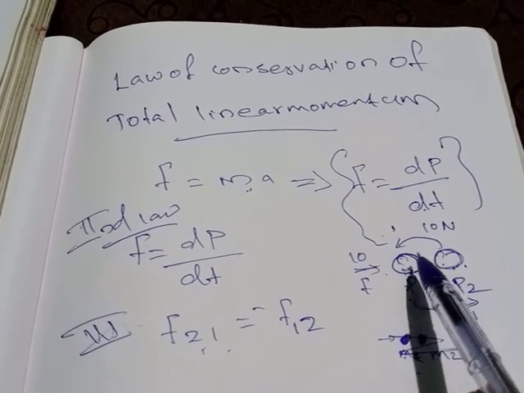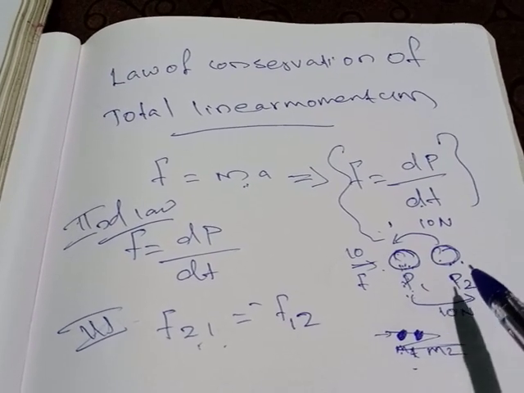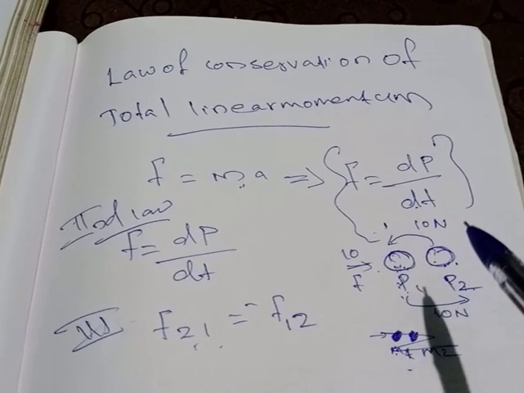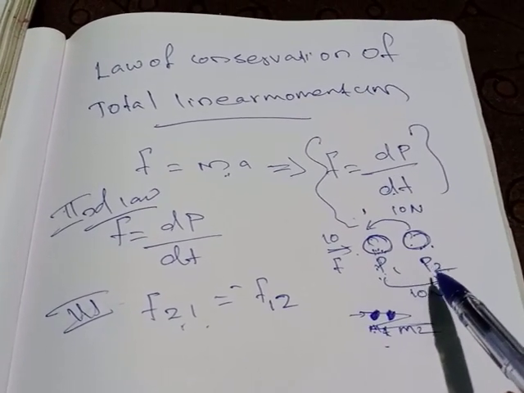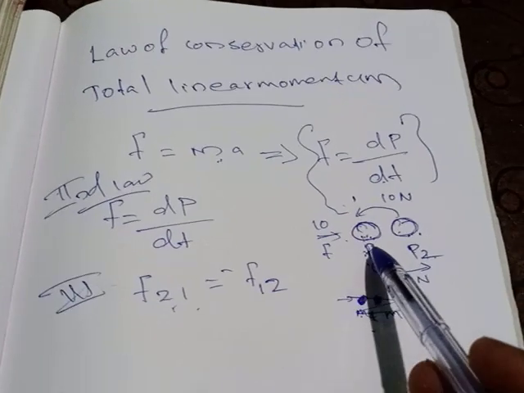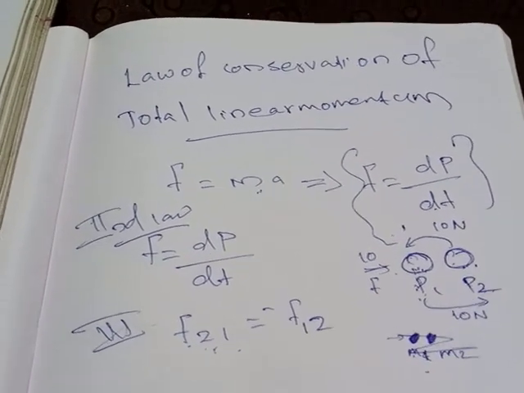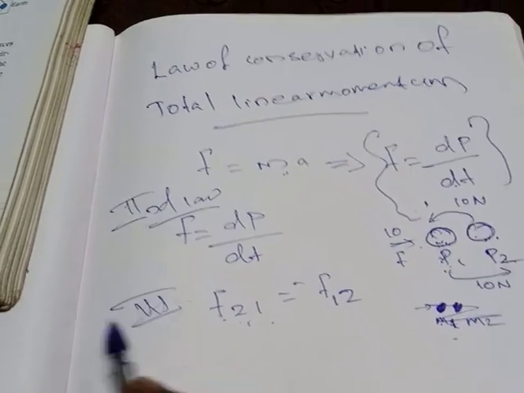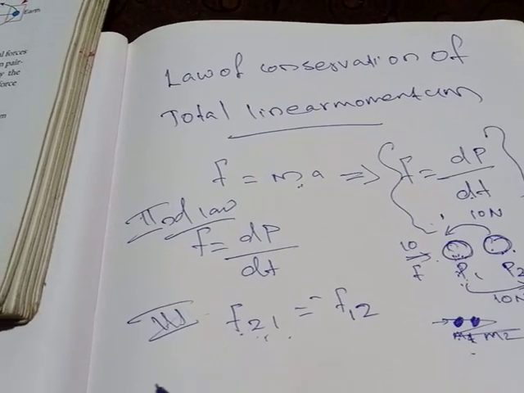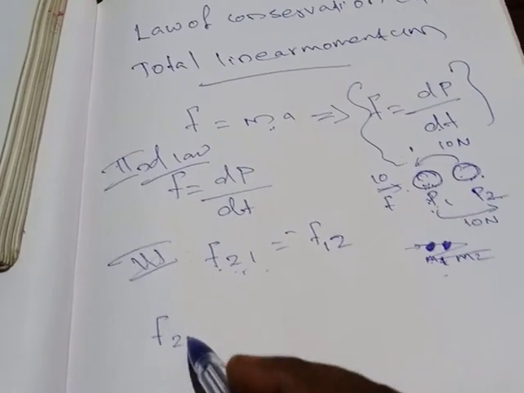This particle 1 is exerting some force on particle 2, and the same equal force is exerted by particle 2, but in the opposite direction. That is what we are taking: F21 is equal to minus F12.